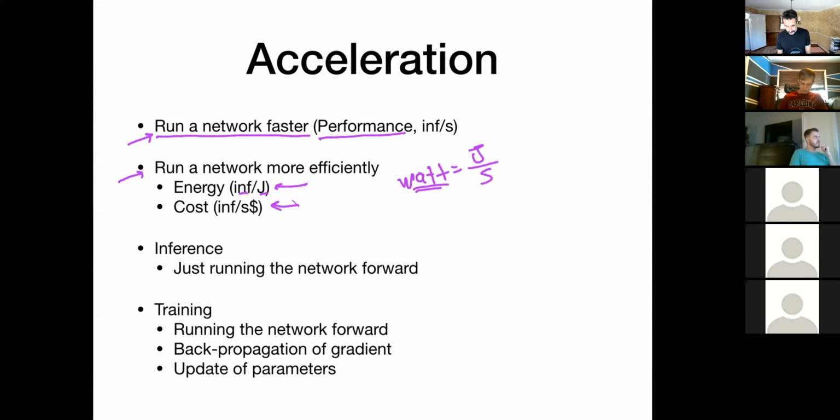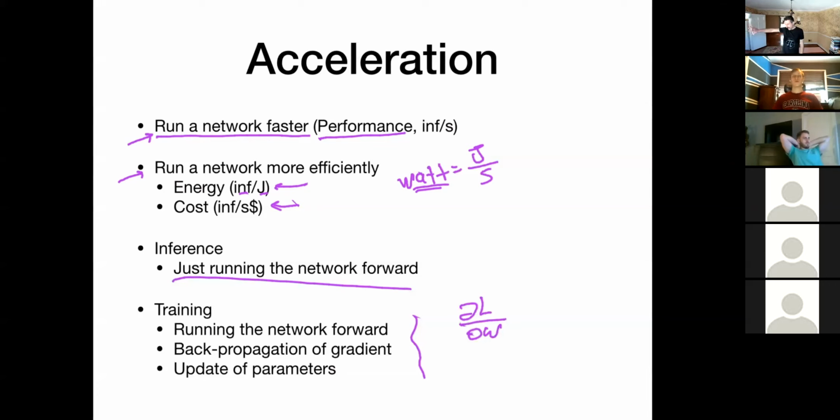So for inference, what's happening is you just run the neural network in a forward pass. For training, we discussed it. You run the forward pass, then you need to run backward for propagating the gradient. Basically, you need to calculate the gradient of the loss with respect to the weights.